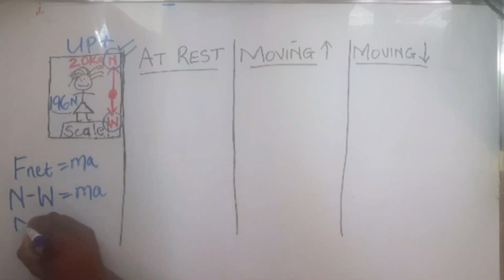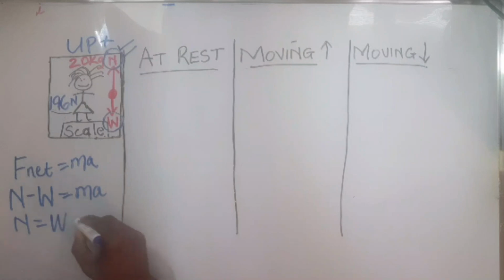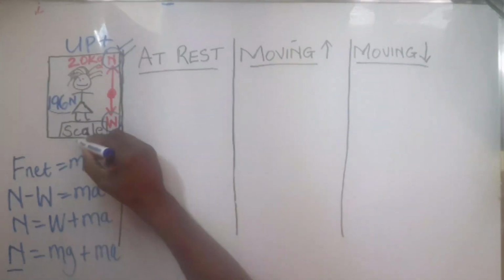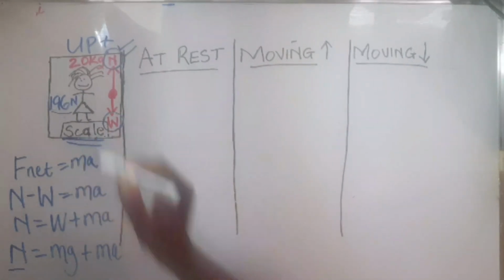So the normal force, therefore, is equal to the weight plus ma. So this is the formula for the normal force. Let's expand it further: the normal force will be equal to mg plus ma. So this normal force is the reading of the scale.